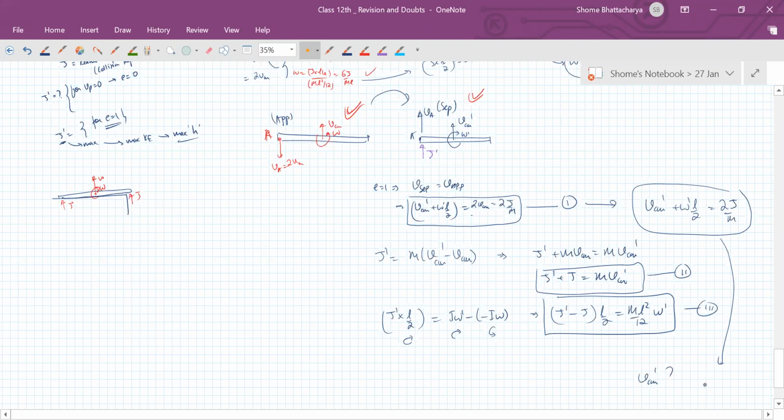So you get VCM prime is how much? Then your H will be VCM prime square by 2g. And from that you will get that upper limit of H. The lower limit was what we calculated earlier. It was that 9 by 8 factor, na? J square by M square. From this you'll get the upper limit factor.